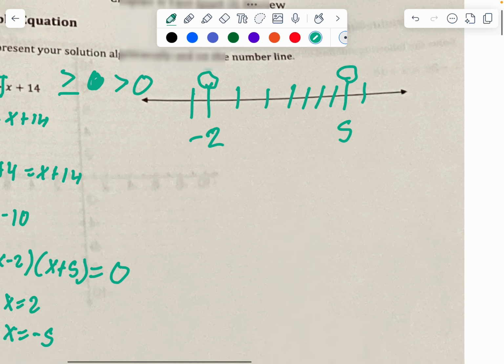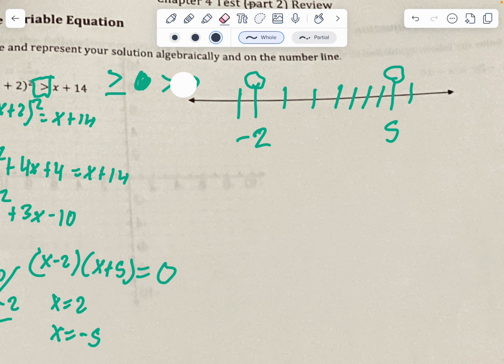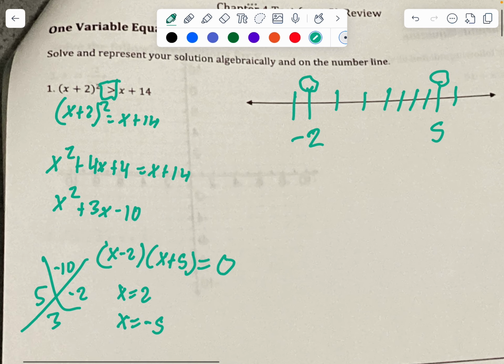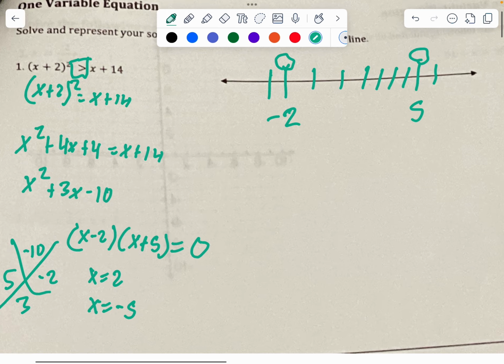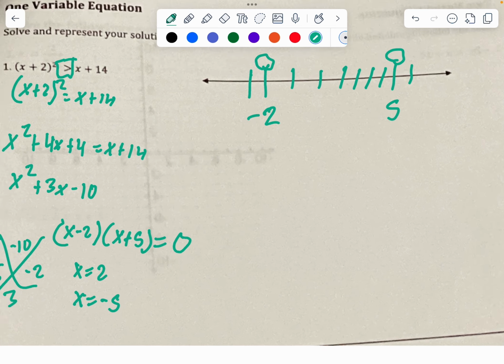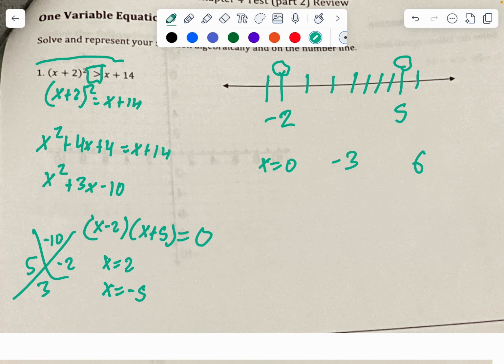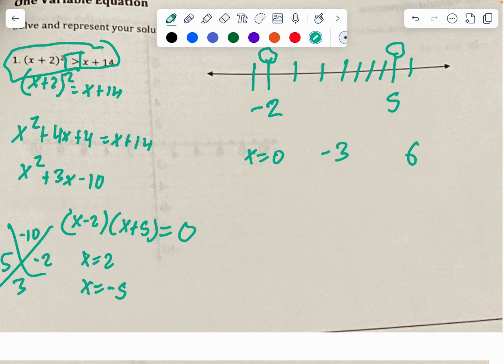And now we have to test 3 points to decide which way the arrows go. So I'll pick 0. I'll pick negative 3. And I'll pick 6. Now we plug them into here.